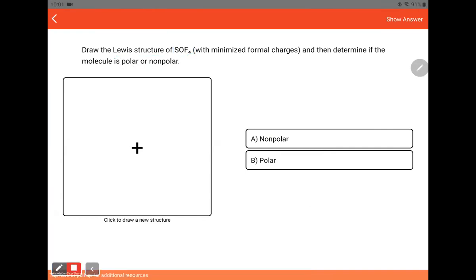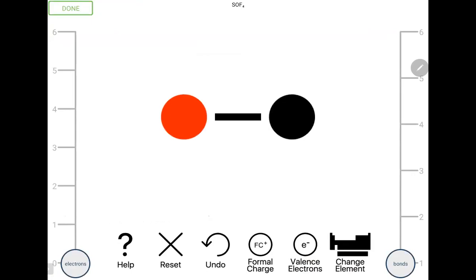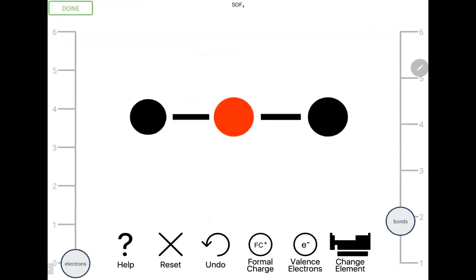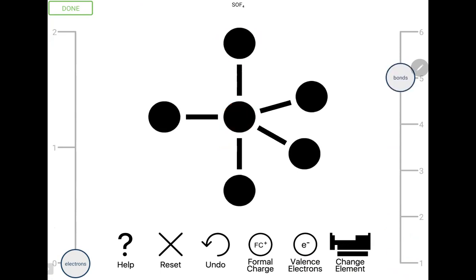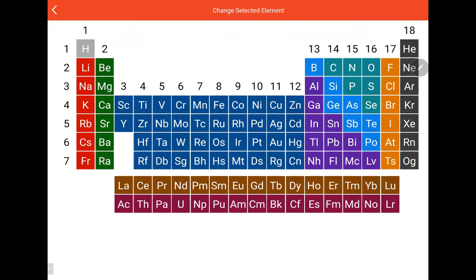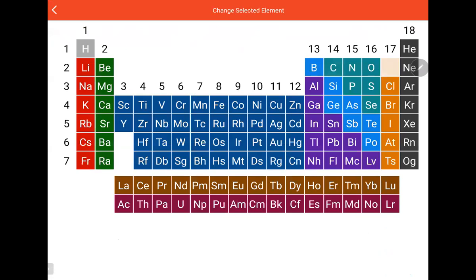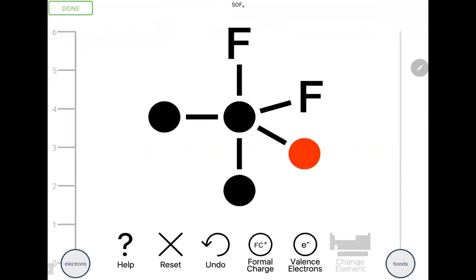So let's start, and notice it says minimized formal charges. So that's a key. So let's use that formal charge button and also understand what it means. So I'm going to go 5 bonds and start adding my fluorines.